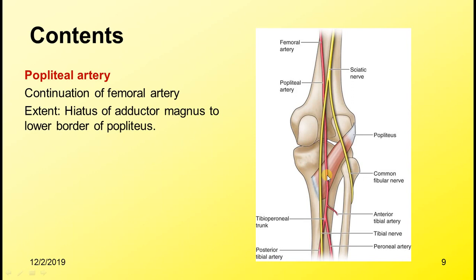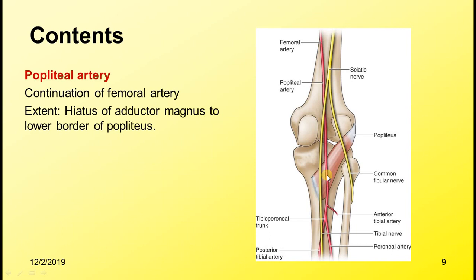Or sometimes the artery, instead of bifurcating, might trifurcate into anterior tibial, posterior tibial and peroneal artery. Actually the peroneal artery is from the posterior tibial artery, but sometimes it might have a direct origin from the popliteal artery.